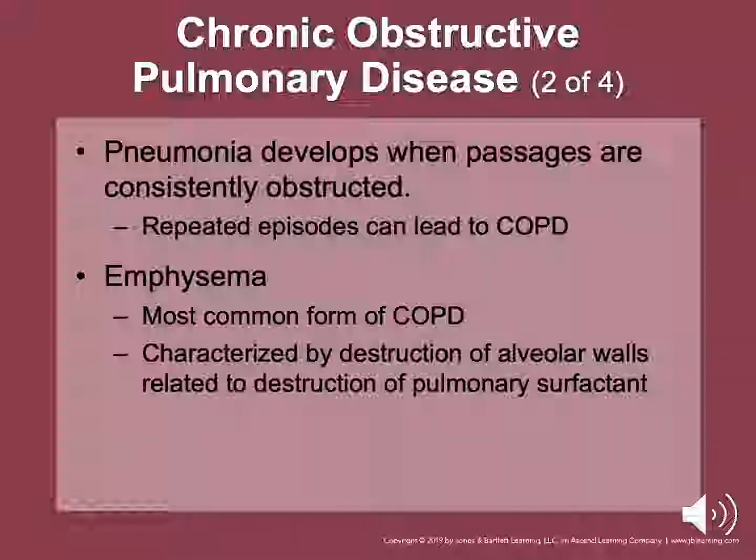Pneumonia develops when passages are consistently obstructed. Repeated episodes can lead to COPD. Emphysema is the most common form of COPD, characterized by the destruction of alveolar walls related to the destruction of pulmonary surfactants.